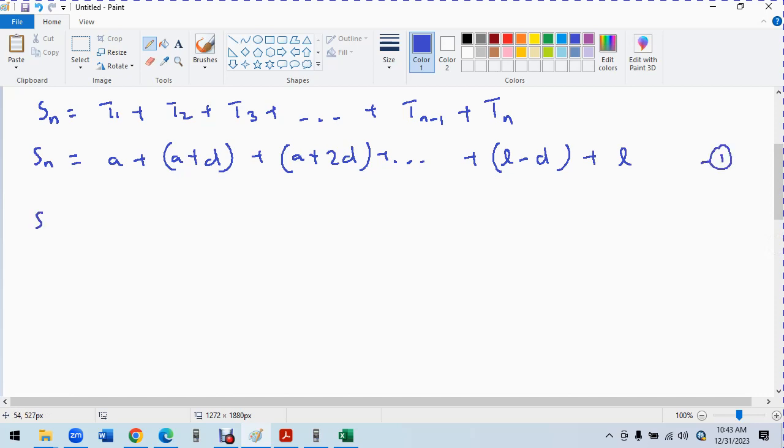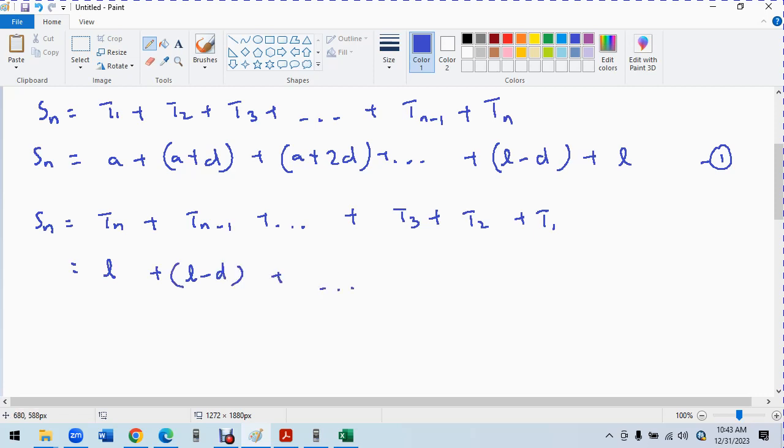Then the Sn, I can also say it is the nth term plus the n minus 1 term until the third, second one. I write it in reverse. So this is the last term, the last minus d term.